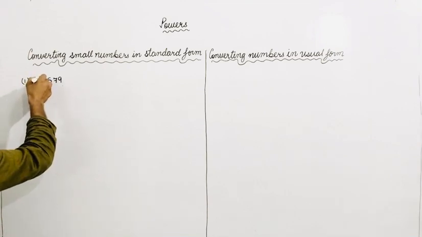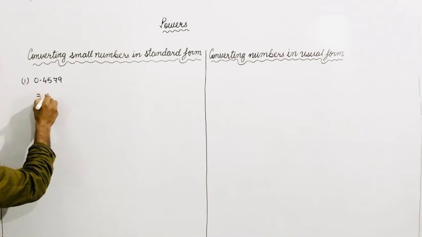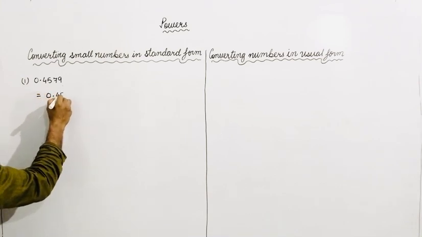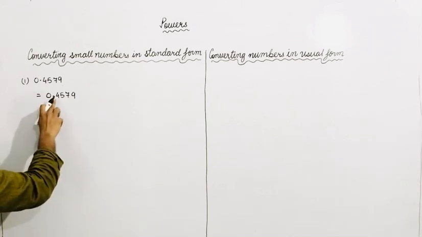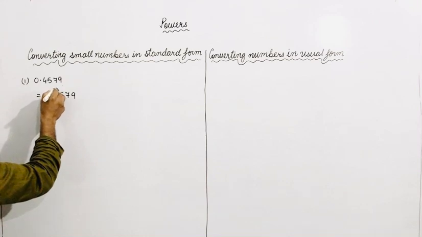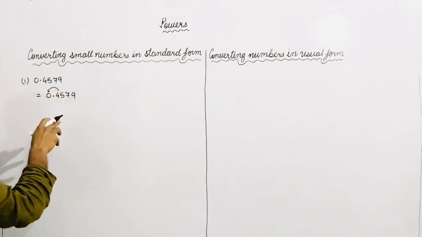Since you are bringing only one number before the decimal, that is 0.4579. After the decimal you do not have any zero, you have only the number 4. When you bring this 4 to this side, you multiply it by 10 to the power minus 1.